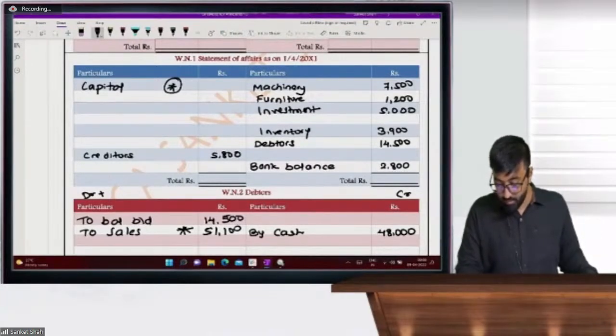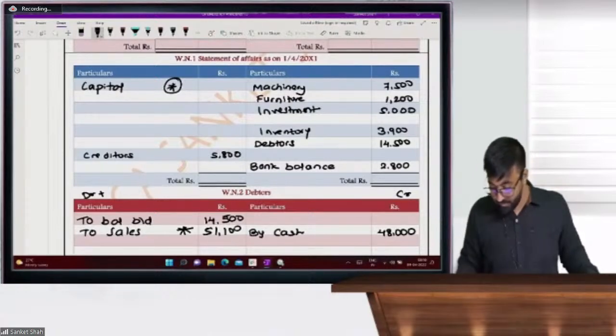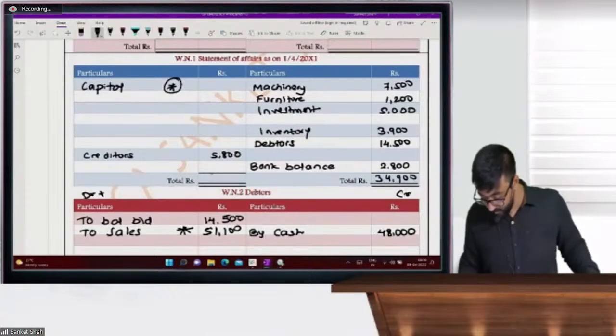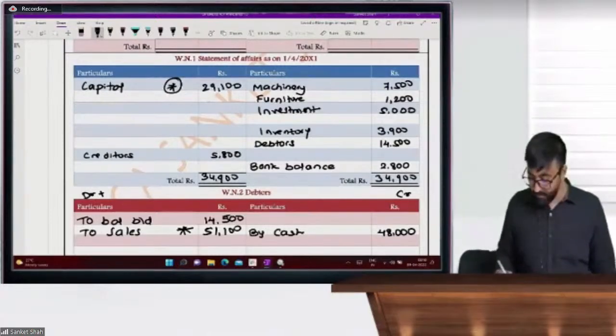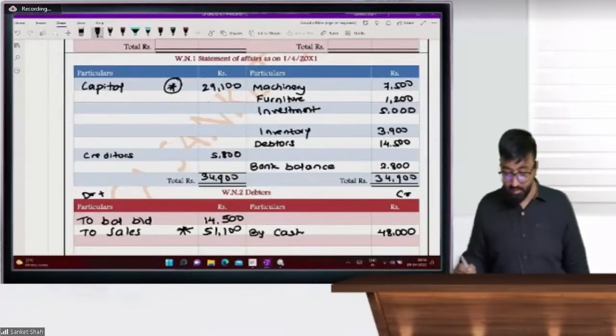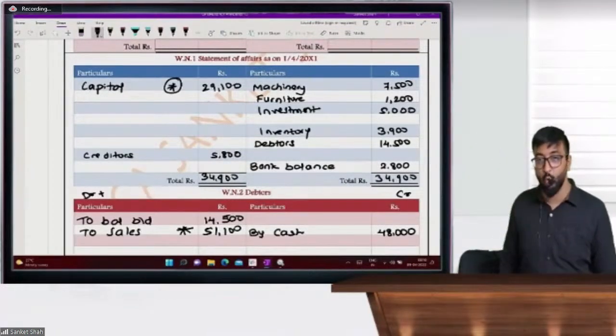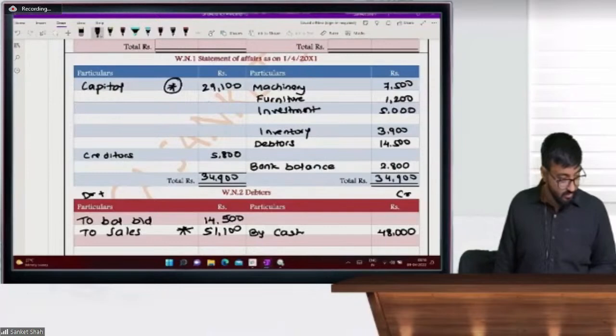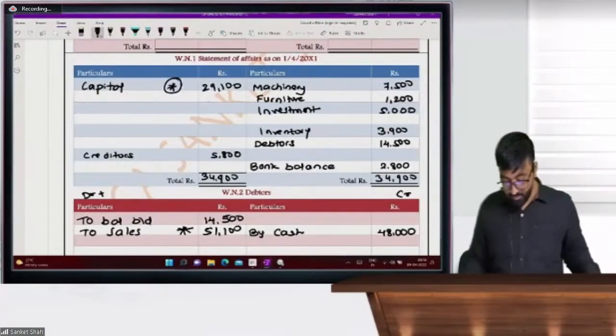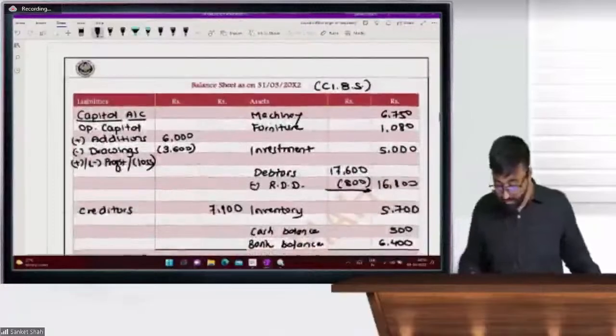In exam allowed. 29,100. You can check, 34,900 is the total, and 29,100 is the balancing figure. You are going to write it in opening balance capital.